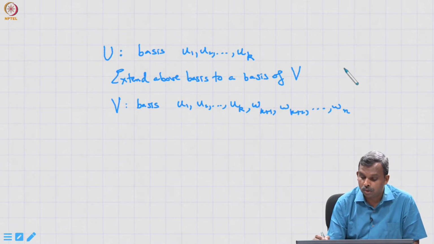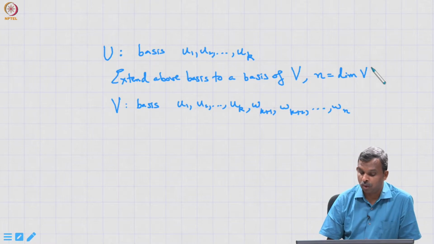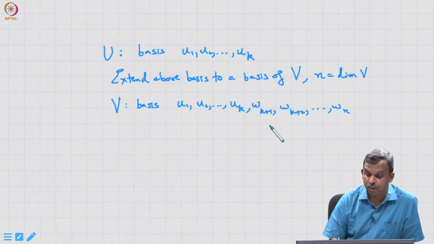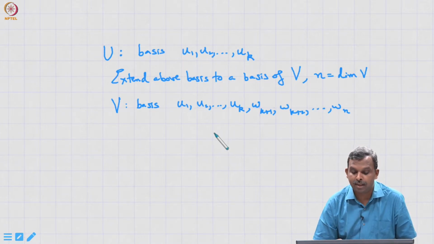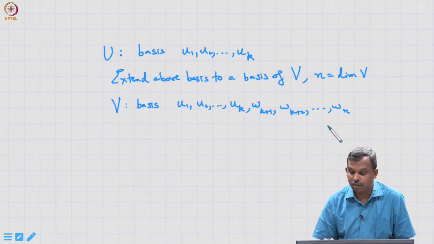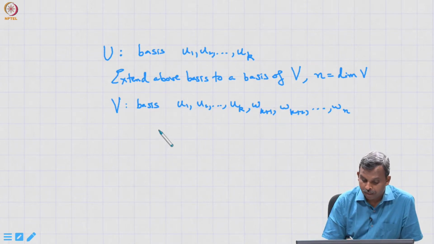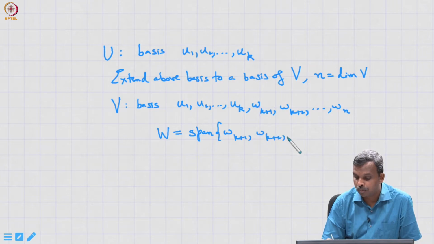What is N? N is the dimension of V. We are assuming it's finite dimensional. We know this is always possible. U1 through UK is linearly independent, it is also a basis for U, and I can take that and extend it to a basis of V. Now, I can also define W as the span of W_{K+1}, W_{K+2}, up to WN.